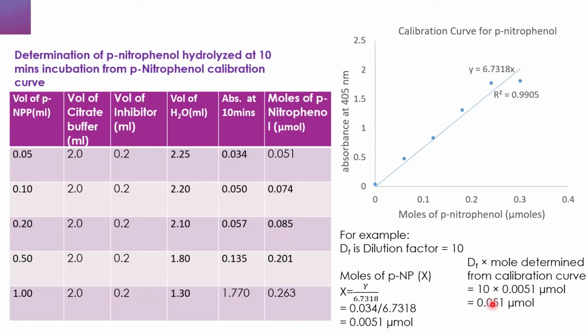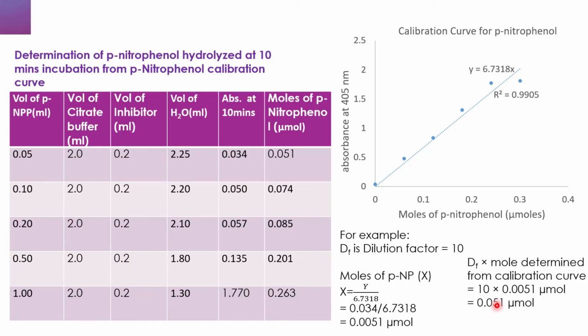So as you can see over here, we are saying that DF times the mole determined from the calibration curve will be equal to 10 times the 0.0051 micromole obtained over here, and this will be equal to 0.051 micromole. So this is the actual moles of p-nitrophenol hydrolyzed by our enzyme at the 10 minutes of incubation.